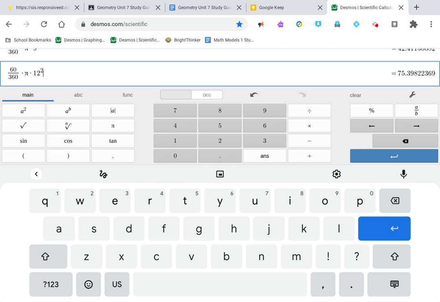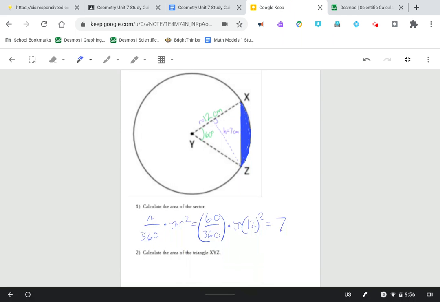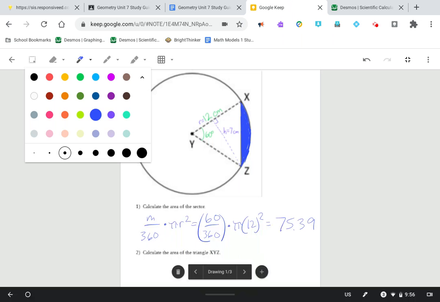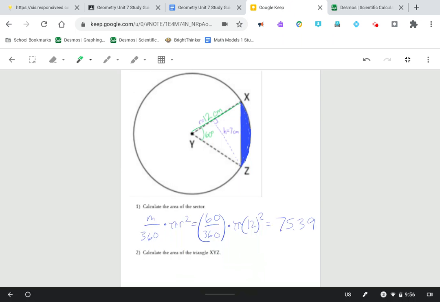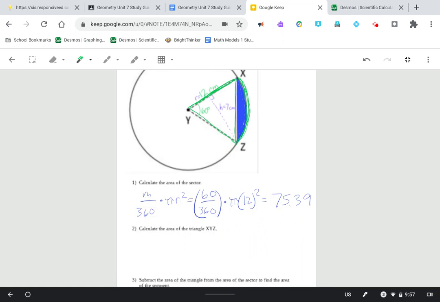I get 75.39. Let's write that down. 75.39. So that's the area of this entire thing. This whole thing here all the way out to the curve. So now we need to subtract the area of the triangle, and then we will find the answer.